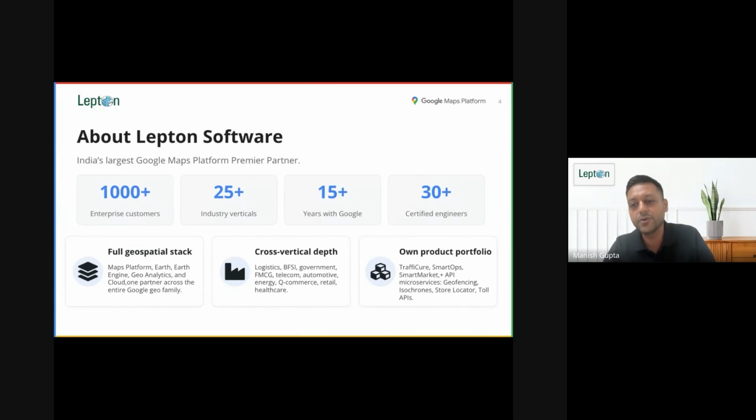We've been partnered with Google for more than 15 years, and we have 30 plus Google-certified customer engineers working with us. We do not just do Google Maps Platform. We are an ecosystem offering various Google Maps services. We have also built a lot of platforms on top of Google Maps, and we will talk about them in detail at a later stage.